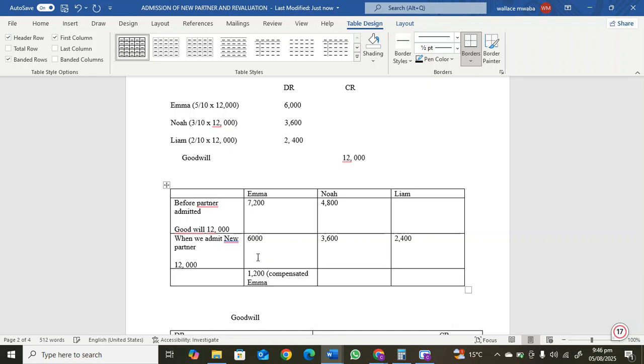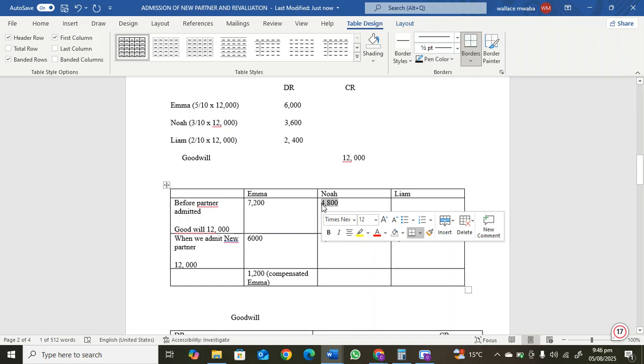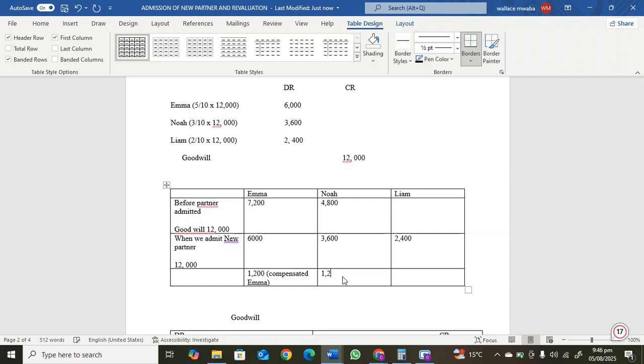Basically, she's saying, for admitting you, Liam, my goodwill has dropped to 6,000. I've lost the 1,200 for admitting you, so I need to be compensated this 1,200. Then Noah is entitled to 4,800. Now, when Liam comes in, he's entitled to 3,600. So there's also a loss for Noah here, 4,800 minus 3,600, 1,200.